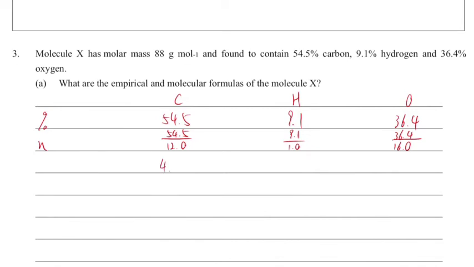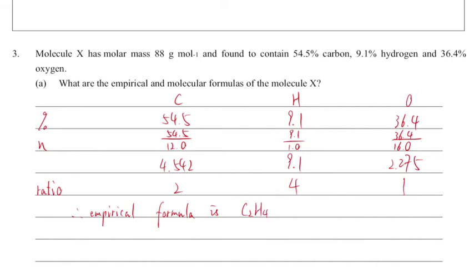It will be 4.542, and that would be 9.1, and that would be 2.275. And then we need to work out the whole number ratio. You can see it's roughly a 2 to 4 to 1 ratio. So the empirical formula is C2H4O.